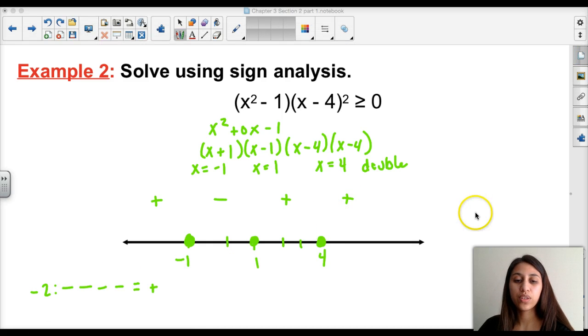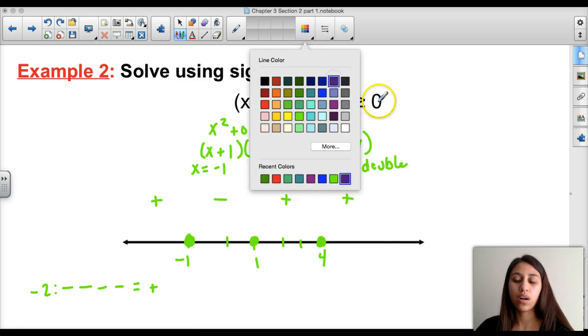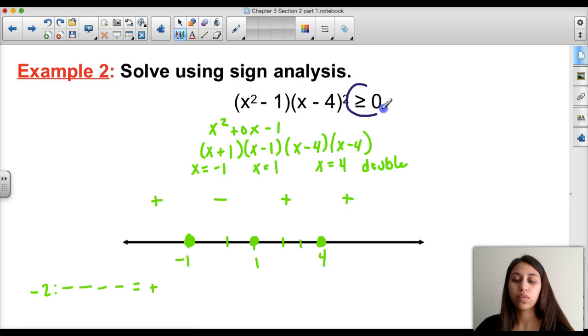Okay, so lastly, we'll use our sign graph to find our solutions, and we're looking for solutions that are greater than or equal to 0. So looking at our sign graph, zones that are greater than or equal to 0 are going to be positive values.